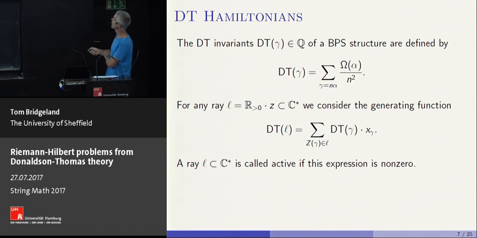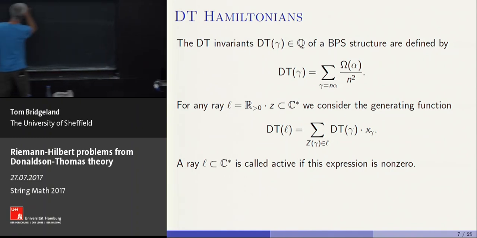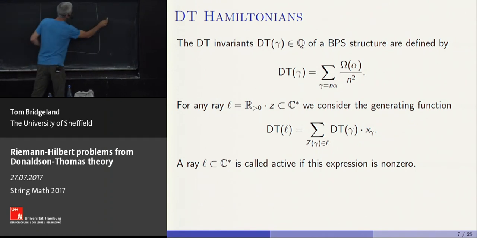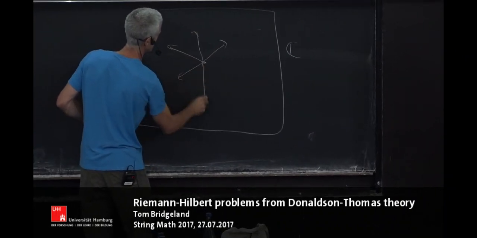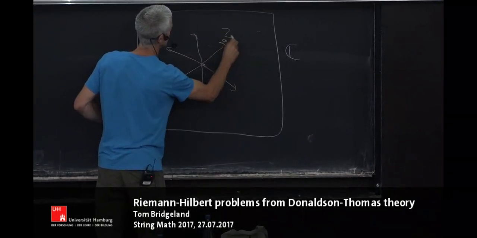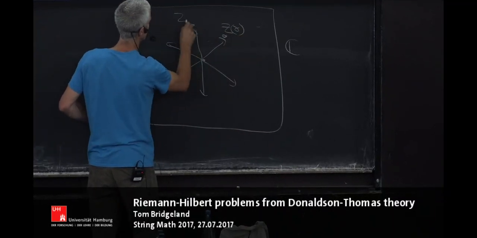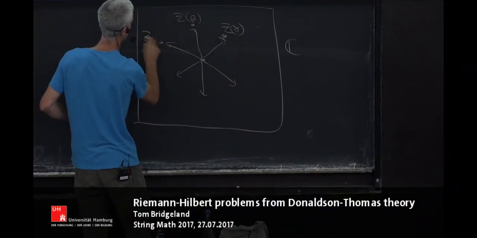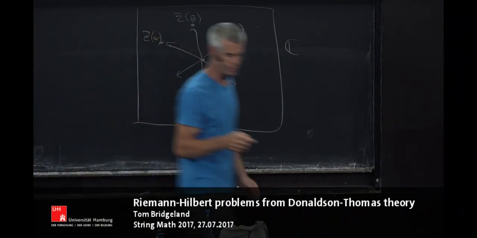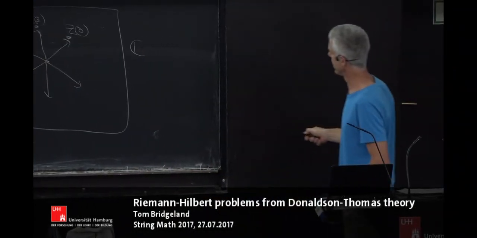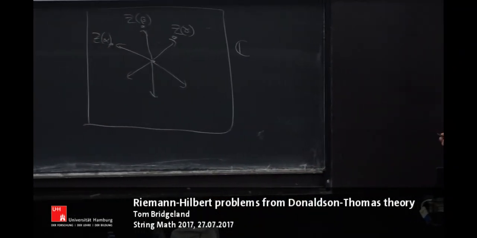And then I want to consider the generating function for these things. The one diagram to keep in your mind at all points in this talk is the complex plane with a bunch of rays, maybe countably many in general, and the images under the central charge map of the classes with non-zero BPS invariant.